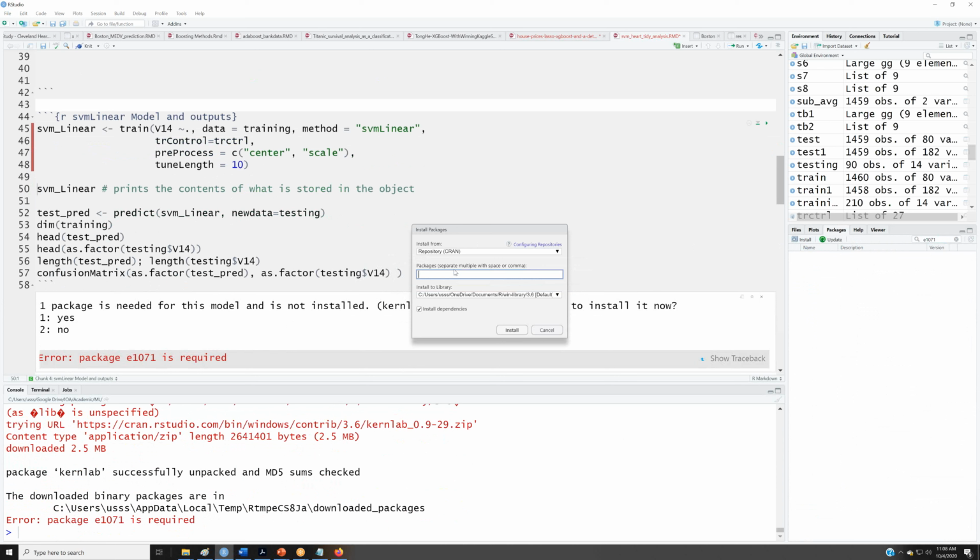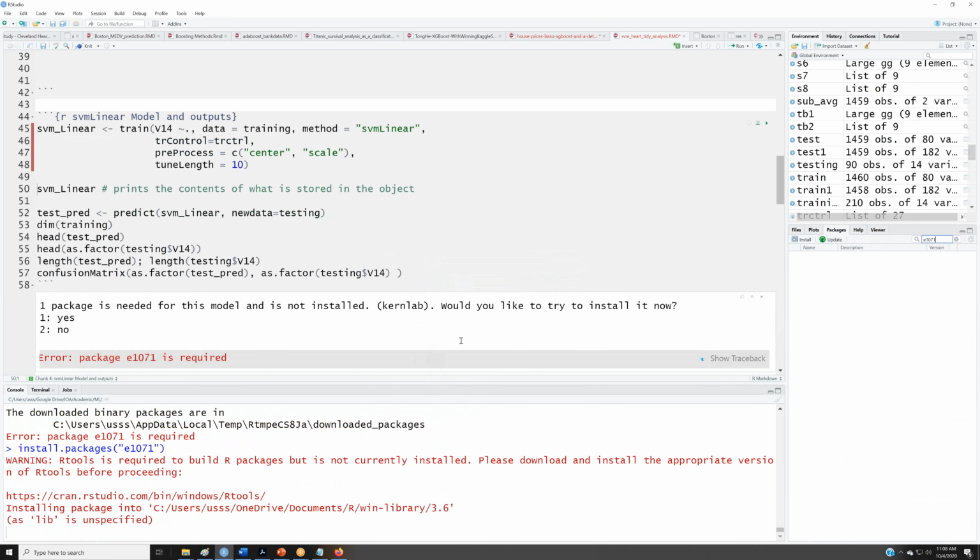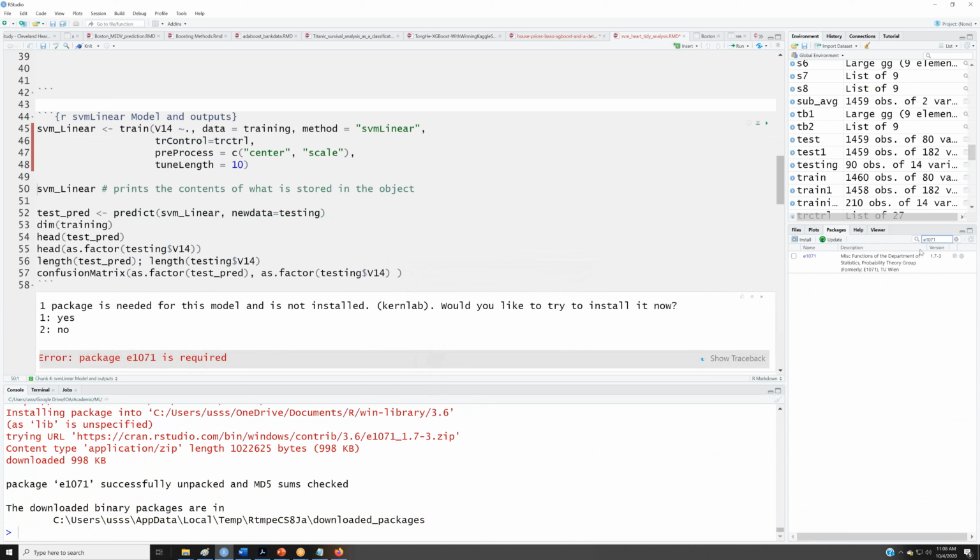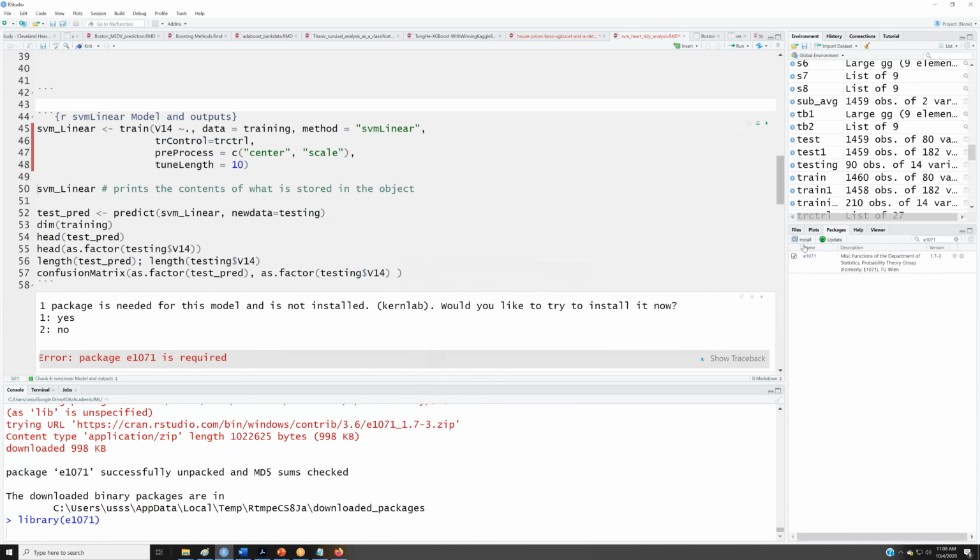Okay, install that. And then I will install kernlab. Install kernlab, okay.